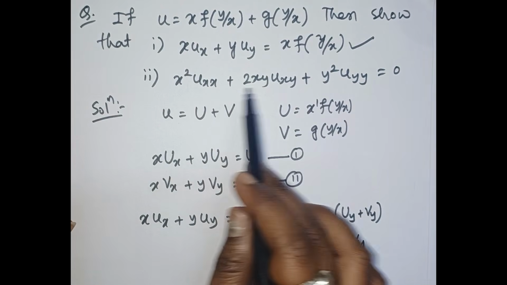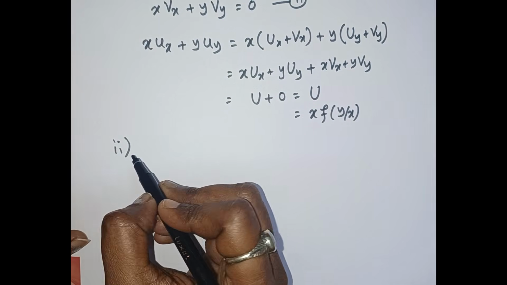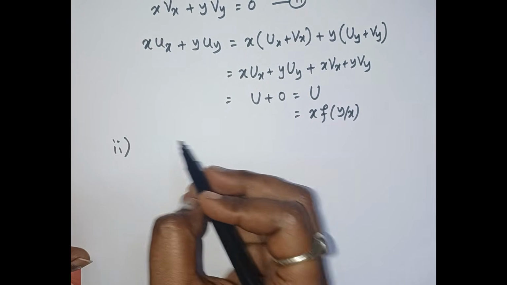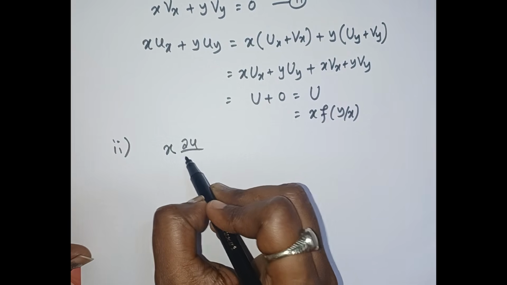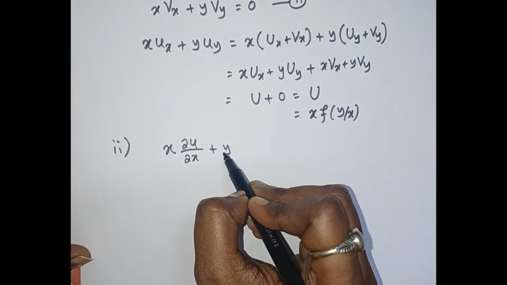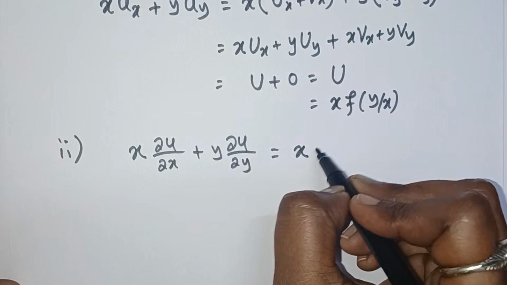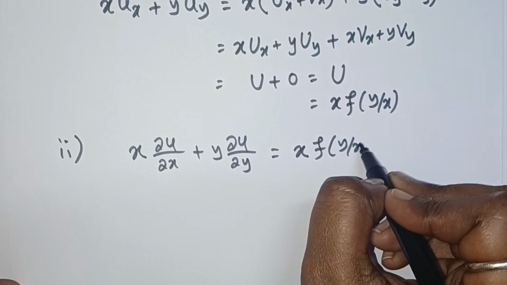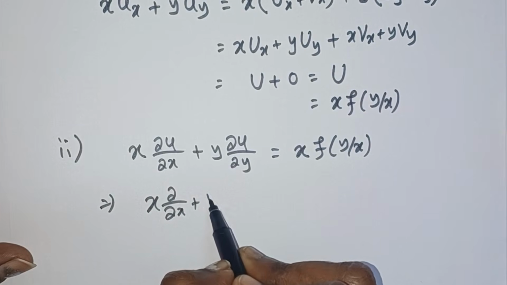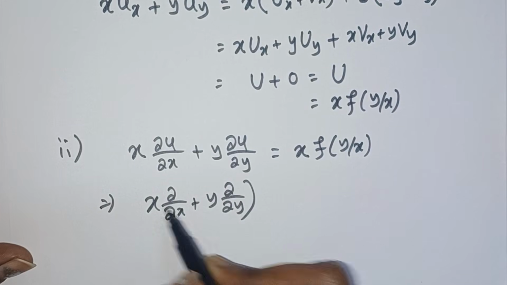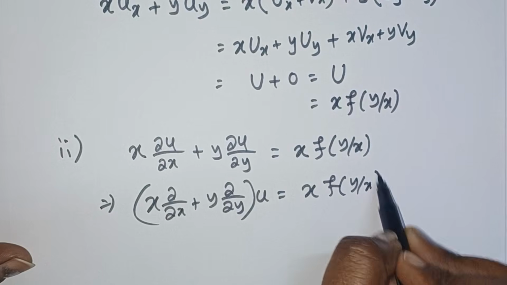This is done. Now we have to prove the second expression. So let us start the second expression. From the first part we have x ∂u/∂x plus y ∂u/∂y equal to x f of y by x. Also we can write this as (x ∂/∂x plus y ∂/∂y) applied to u equals x f of y by x, as an operator.